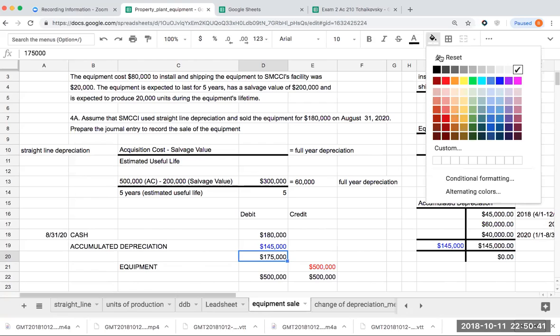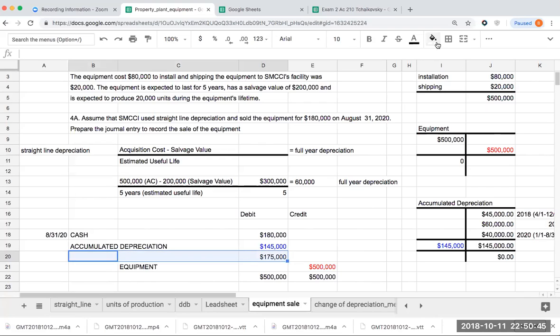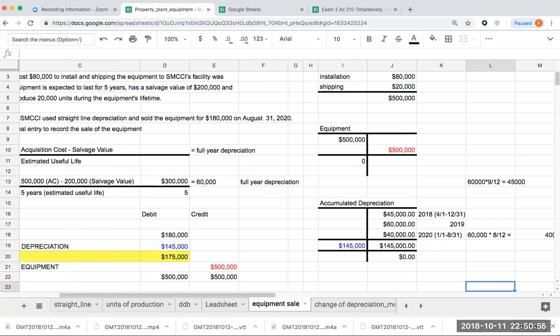But when I look at this balance here, what do I really call this $175,000? Let's take a look first at our book value. What were we carrying this equipment on our books for when we sold the asset?